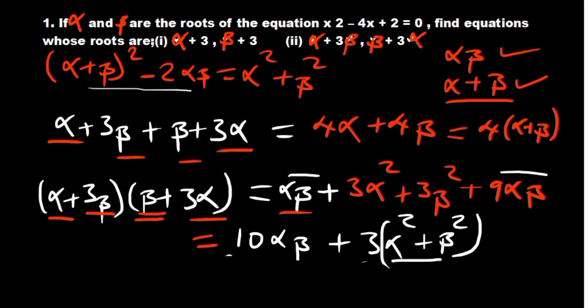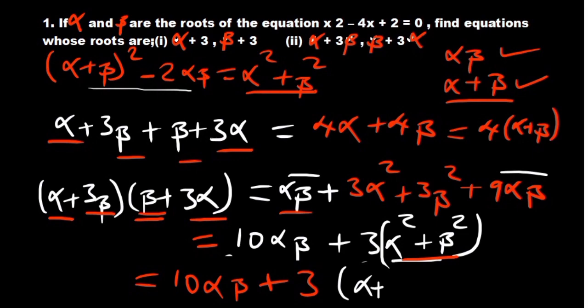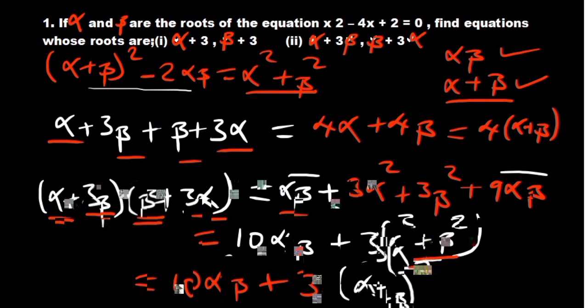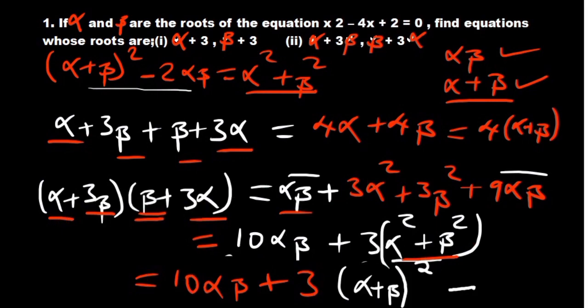So now what we have in that form is we have 10 alpha beta plus, so what is in the brackets, alpha squared plus beta squared, is that, so it's equivalent to the other side, which is alpha plus beta squared, then we have minus 2 alpha beta, so that is in brackets.